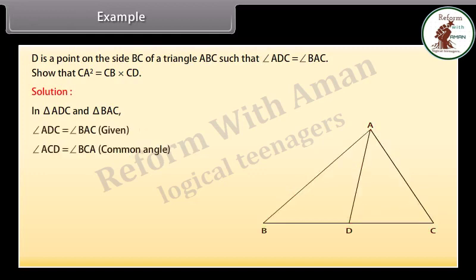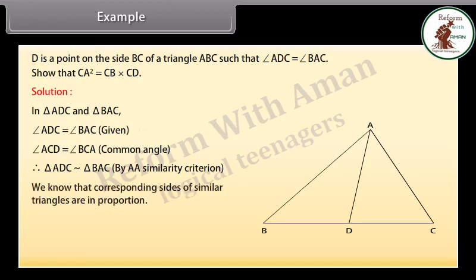Angle ACD equals angle BCA, which is common angle. Therefore, triangle ADC is similar to triangle BAC by AA similarity criterion. We know that corresponding sides of similar triangles are in proportion. Therefore, CA upon CB equals CD upon CA, which implies CA square equals CB into CD.